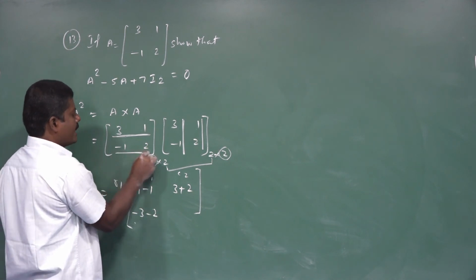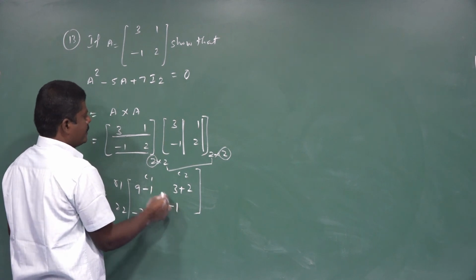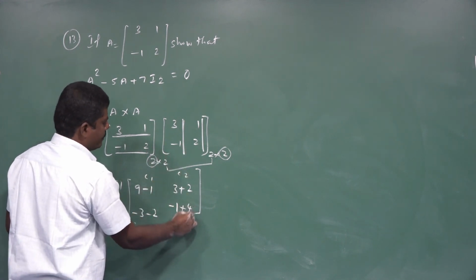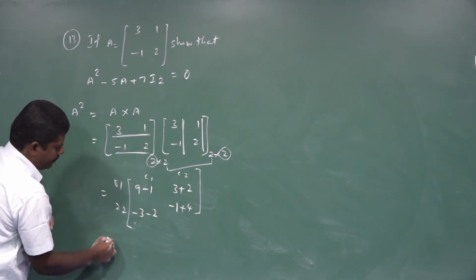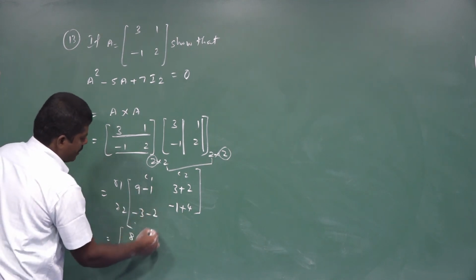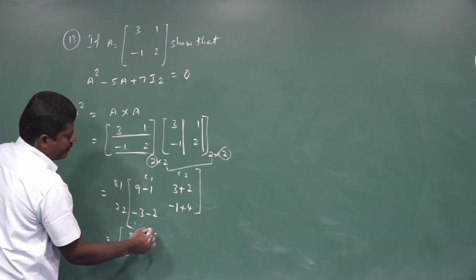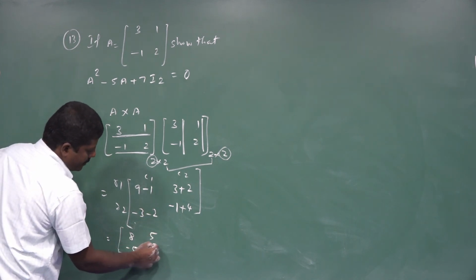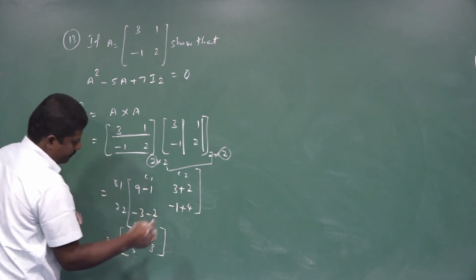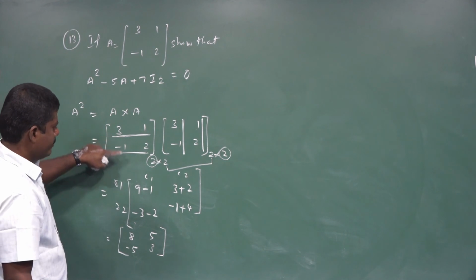Next, second row, second column. Minus 1 into 1, minus 1. 2 2s are plus 4. What do you get? 9 minus 1, 8. 3 plus 2, 5. Minus 3 minus 2, minus 5. Minus 1 plus 4, plus 3. This is A square. Understand?